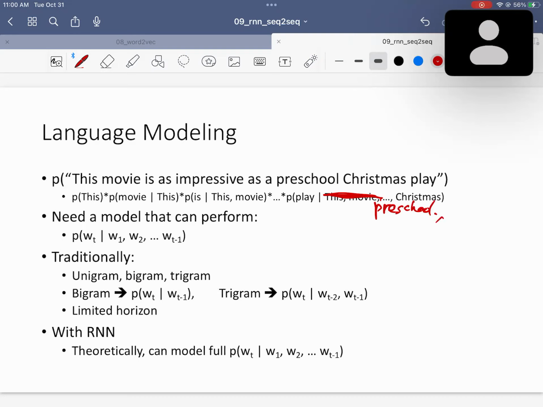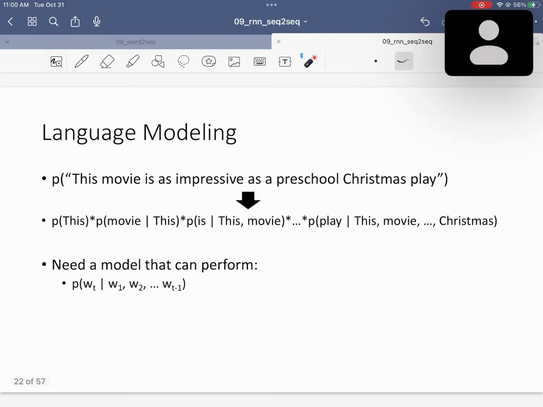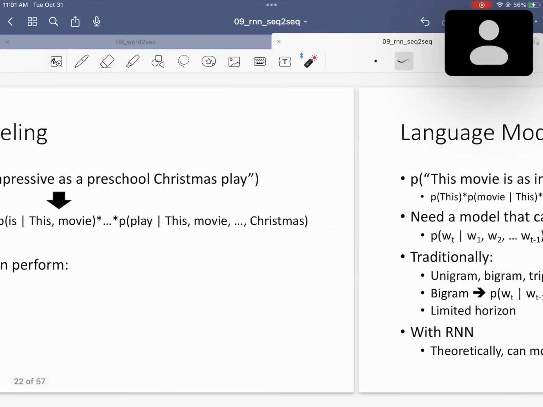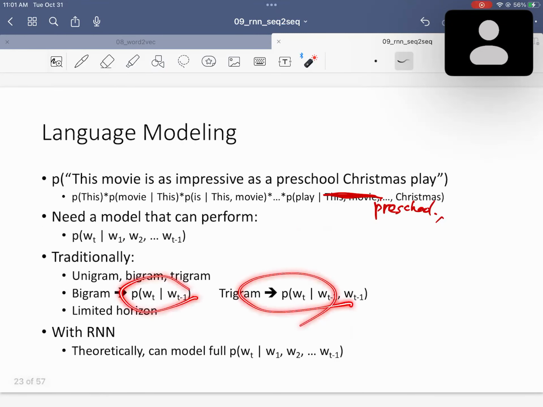So obviously it has limited horizon, because to accurately calculate this, you need this. You need this because the factorization requires you to have a function like this. But since you made compromises, it has limited horizon and it's not accurate anymore. But with RNN, theoretically you can do this, because RNN can handle variable length history or variable length horizon.